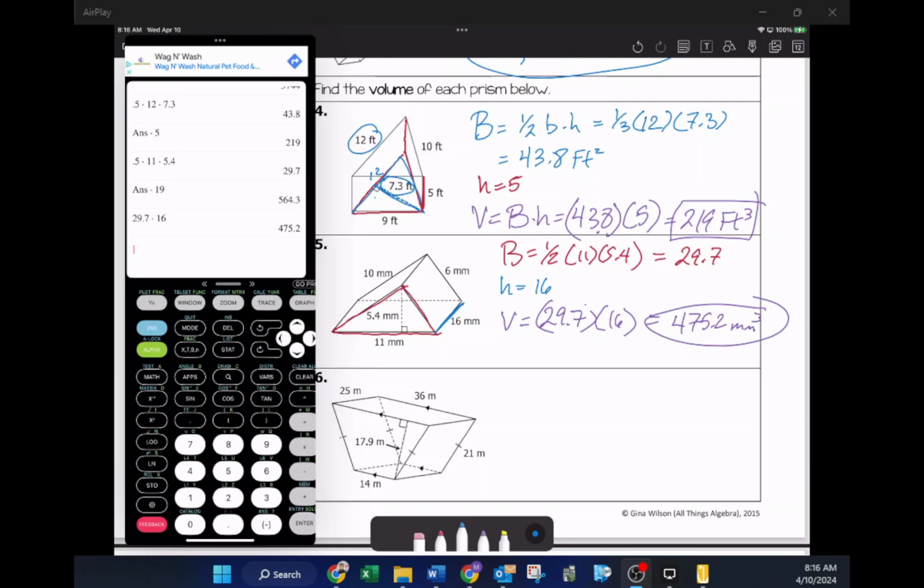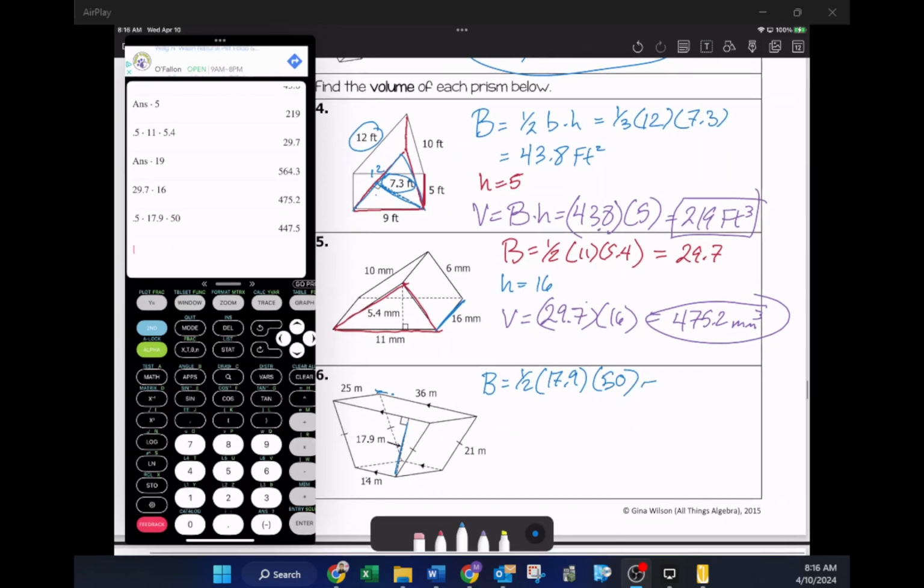The next one, since we have a trapezoid, the area of that base is 1/2 the height, which is given to us as 17.9, times the sum of the two parallel sides, the 36 and 14, which adds together to be 50. So 0.5 times 17.9 times 50, that is 447.5.